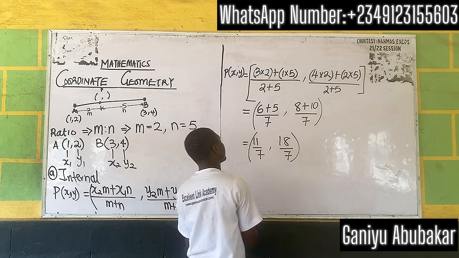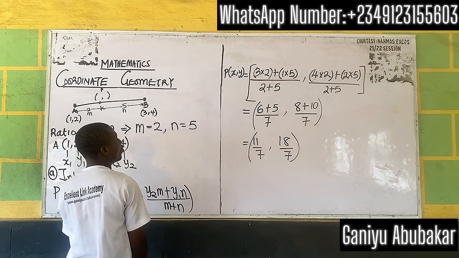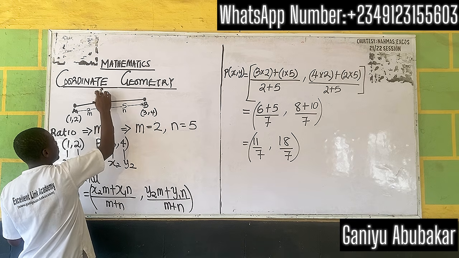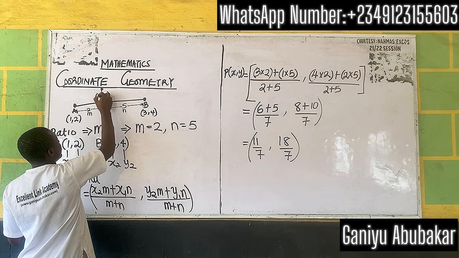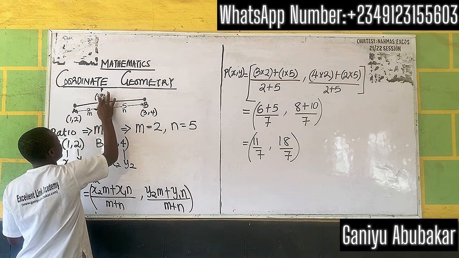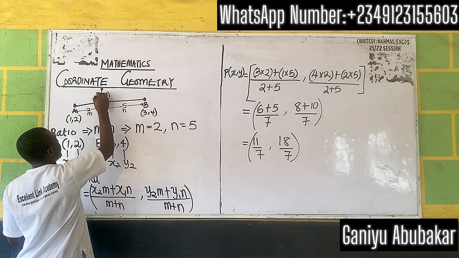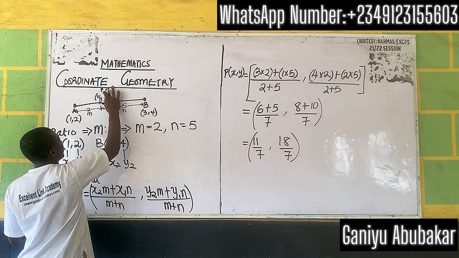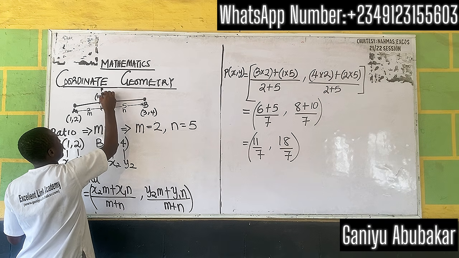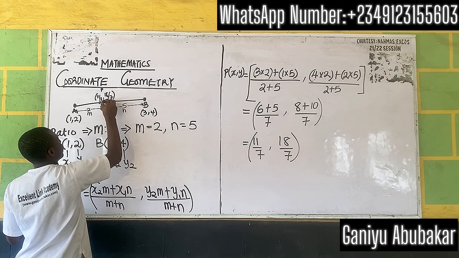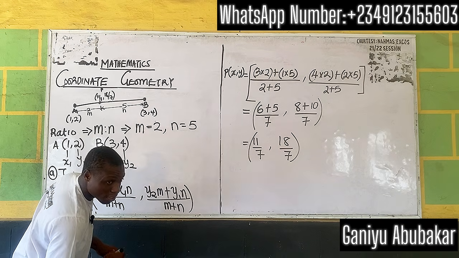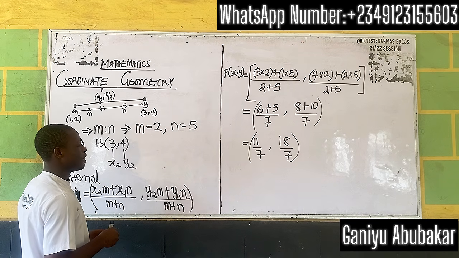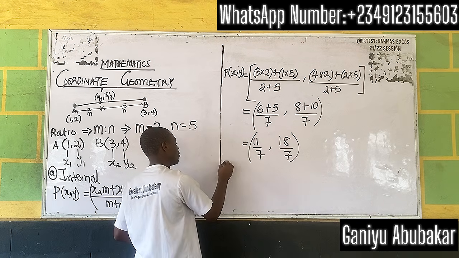So the coordinate of the point is 11/7, 18/7. This is for internally. Let's get it for externally.